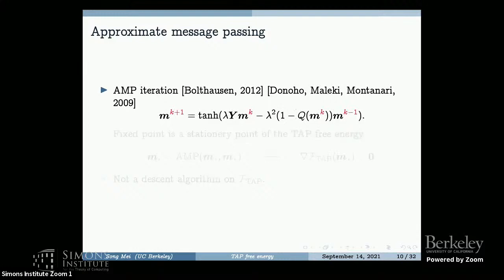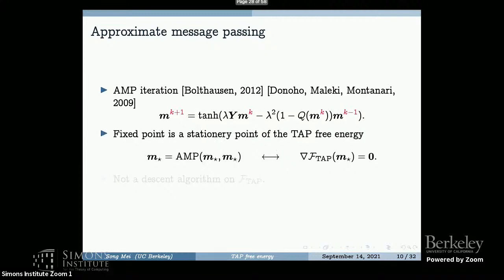Another question we would like to ask is about the approximate message passing algorithm. It has a long history, and the AMP algorithm for this problem is just given by this iterative equation. The important thing is that the (k+1)th iteration depends on the kth iteration and the (k-1)th iteration.